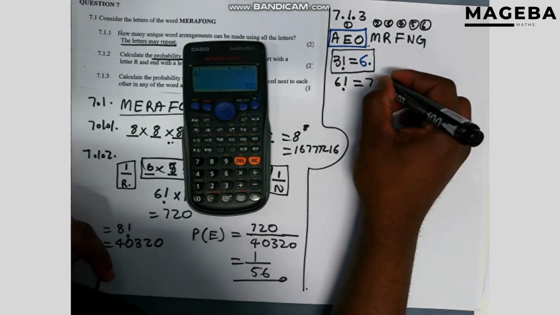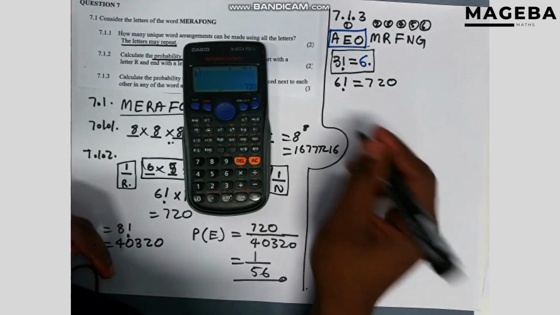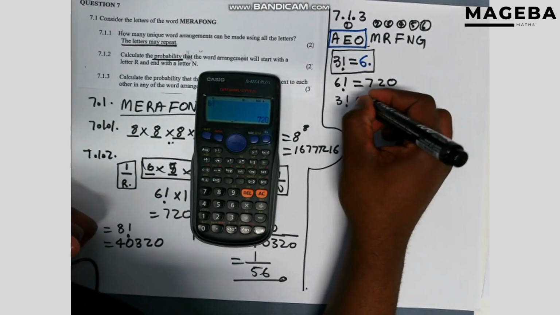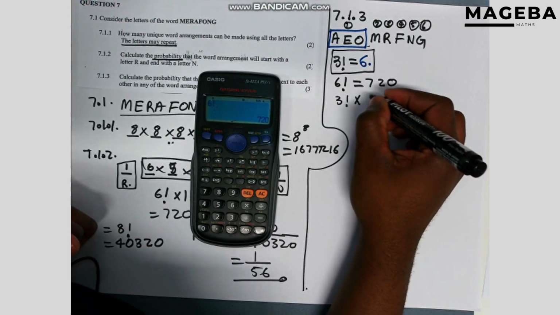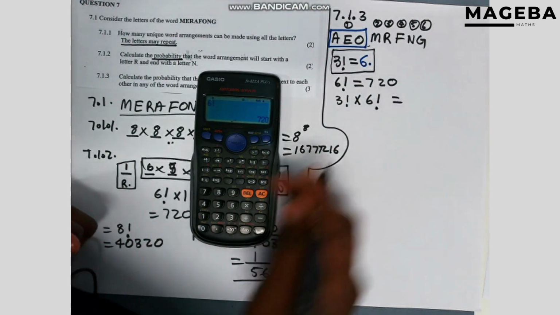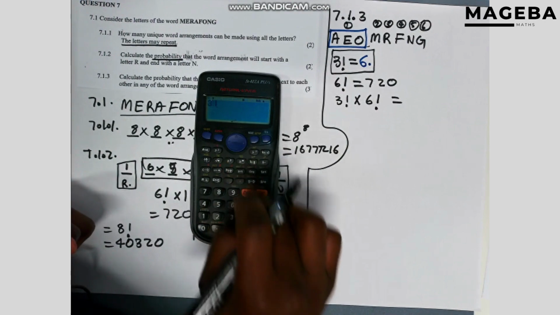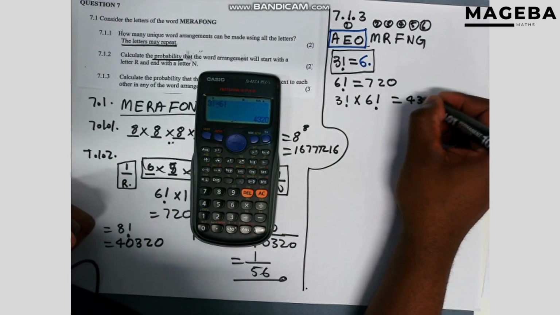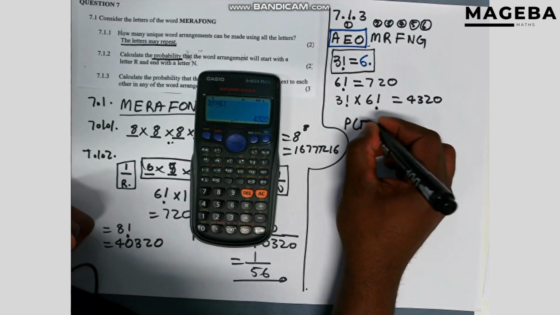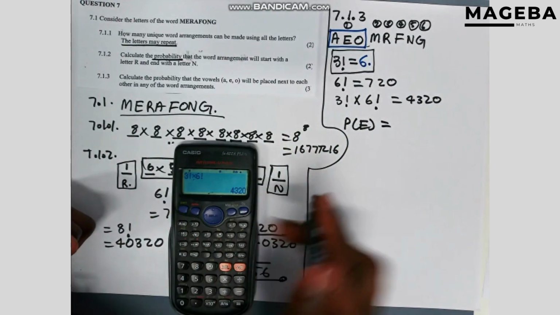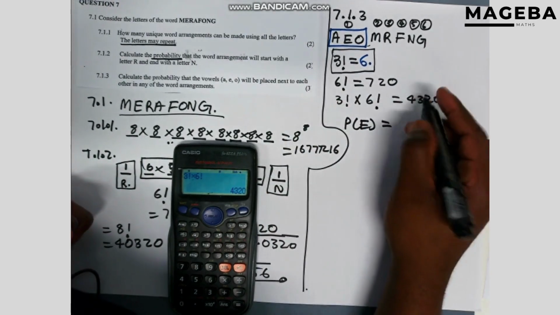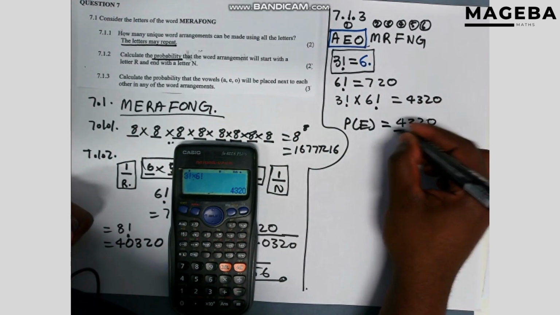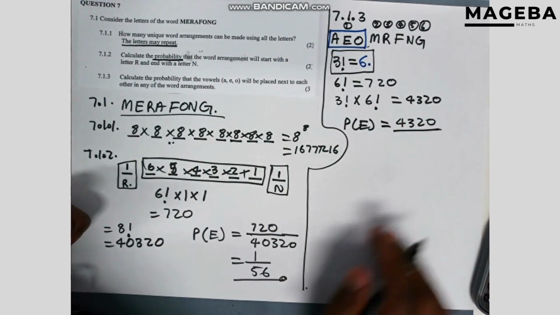Which gives me 720. Now finding the probability, I still have to say 6 factorial times 3 factorial, which gives the arrangement 4320. But I'm looking for the probability, so the restriction that they gave us is 4320 over the possible total arrangement.